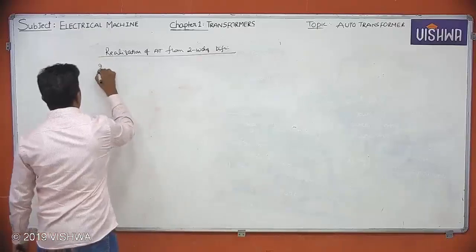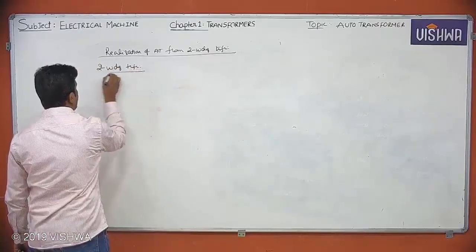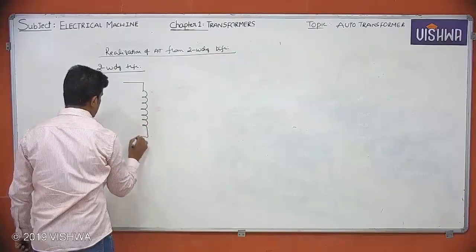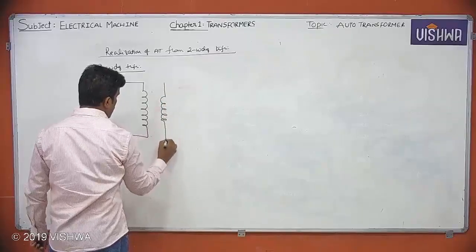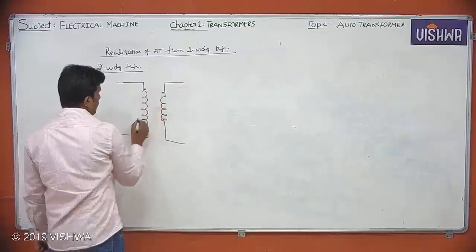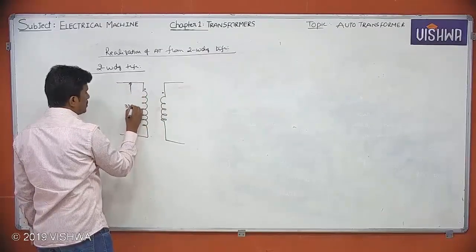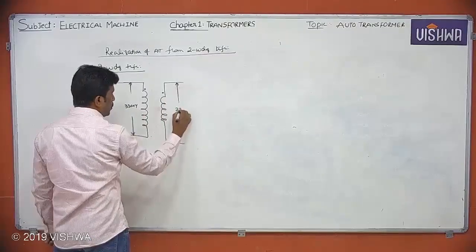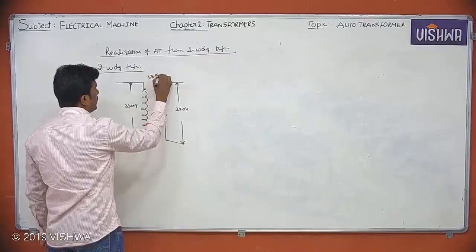Example, let me take a two winding transformer like this. I'll take one example: 3300 volts by 220 volts, 33 kVA transformer.